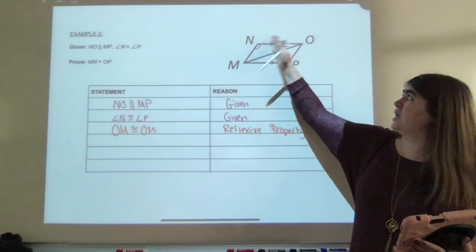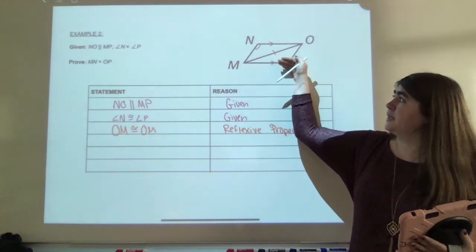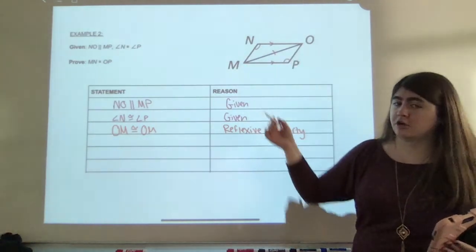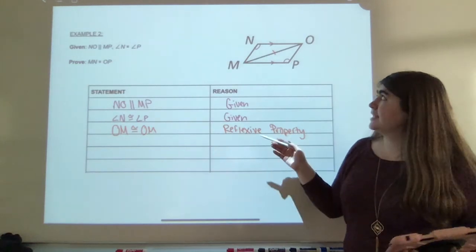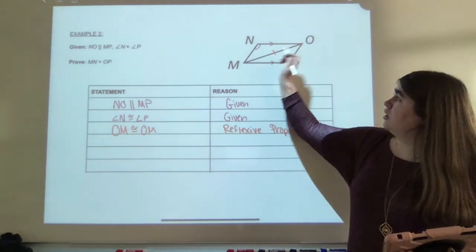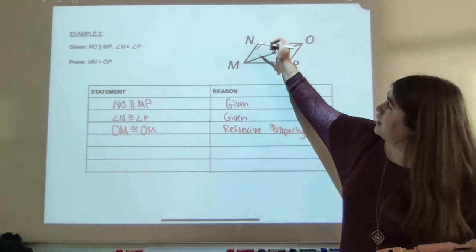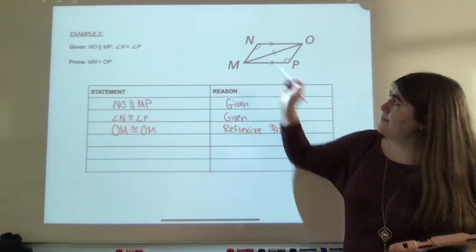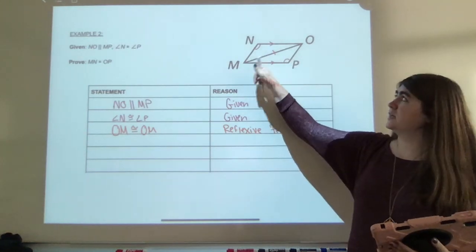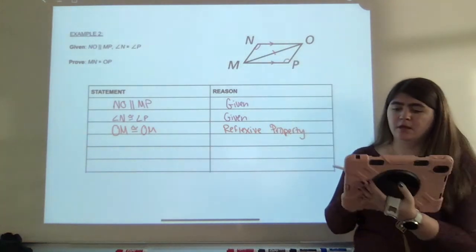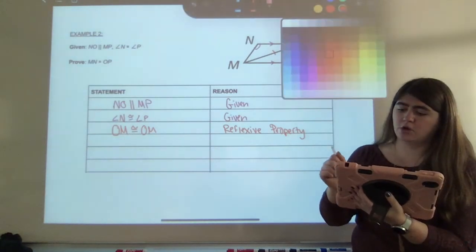And because NO is parallel to MP, and we have this line cutting through them called a transversal, I can say that angle OMP and angle NOM are alternate interior angles, so therefore they're congruent. So I'm going to go ahead and write those down.